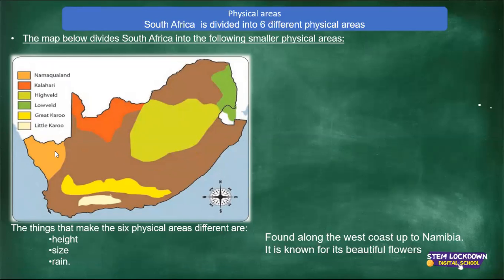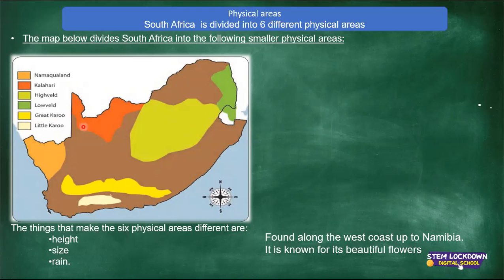Let me use my pointer so you guys can see. By looking at the colors and the key points here, we can tell how South Africa has been divided on the map.